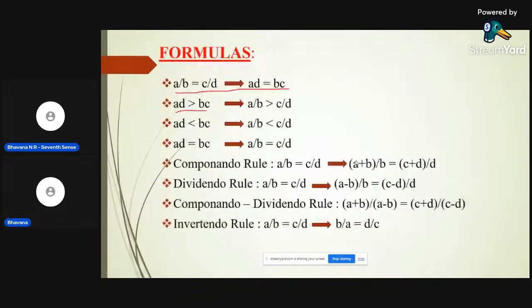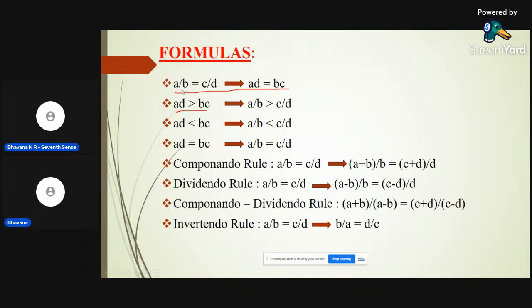So, as we discussed before, ratio and proportion. Now let's see the formulas for proportions.